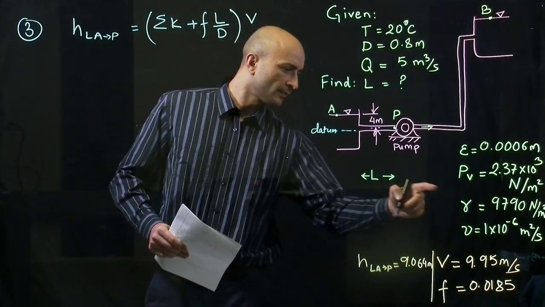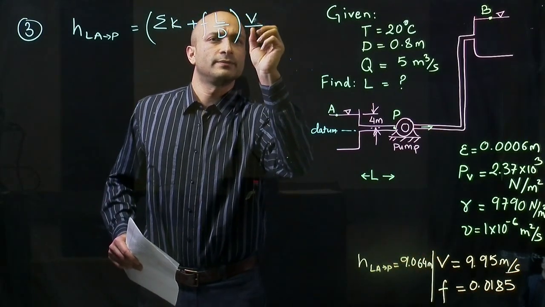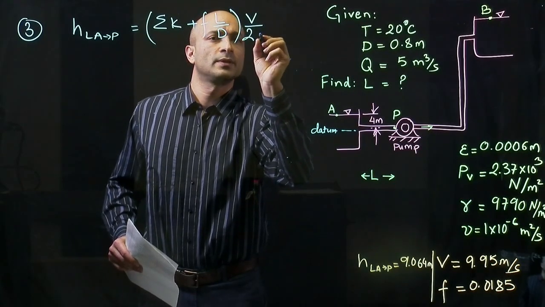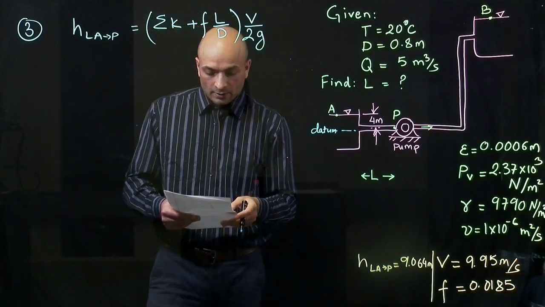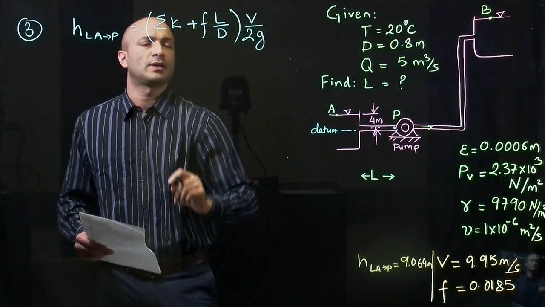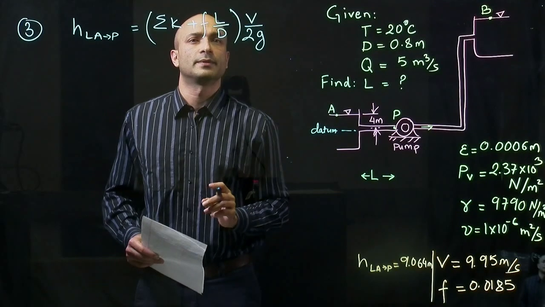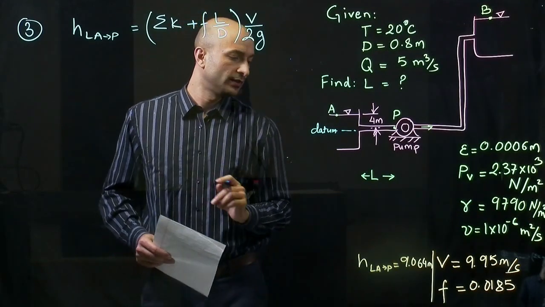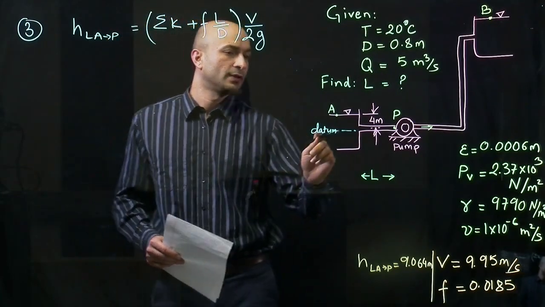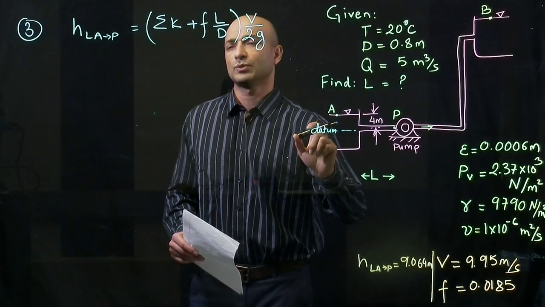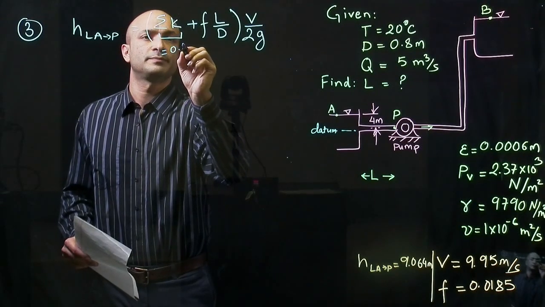In this case, V is the only velocity we need to worry about in this problem. Here we know the velocity. The length L is the unknown, the part we're trying to find out. F we already determined in the beginning. We know the diameter, and the loss at the entrance is the only source of minor loss, so this is just going to be equal to 0.5.